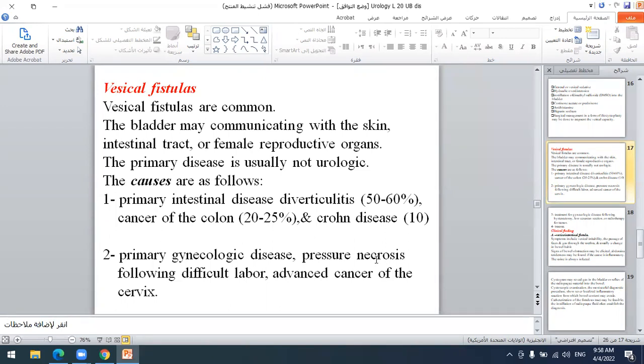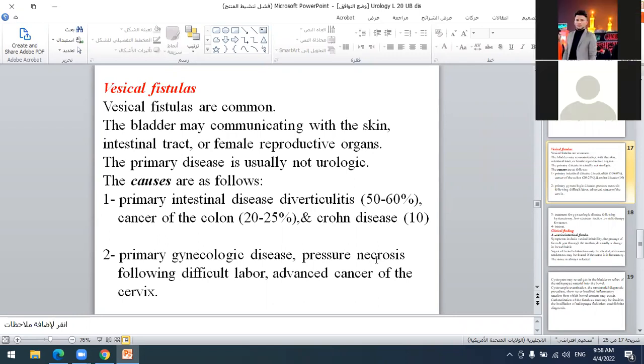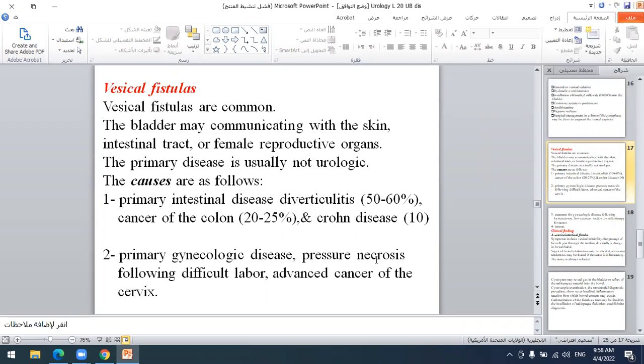We know the causes of this type of fistula. The causes are as follows. A primary intestinal disease, like diverticulitis, 50 to 60% of patients, or cancer of the colon, 20 to 25%, and patients with Crohn's disease, 10%.